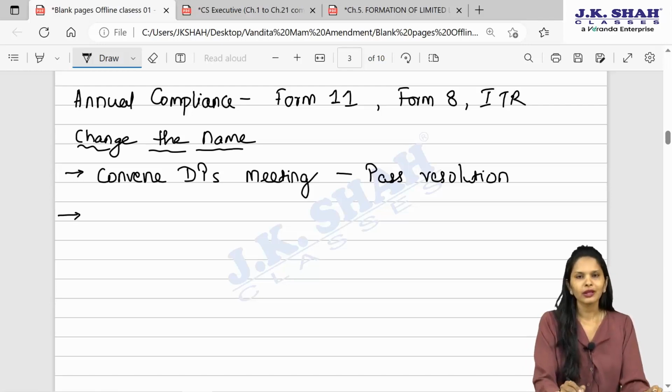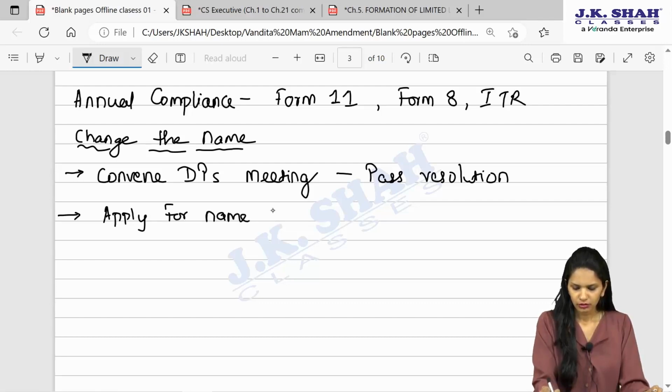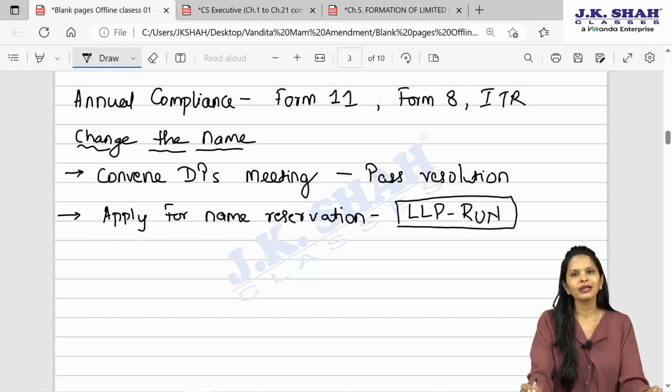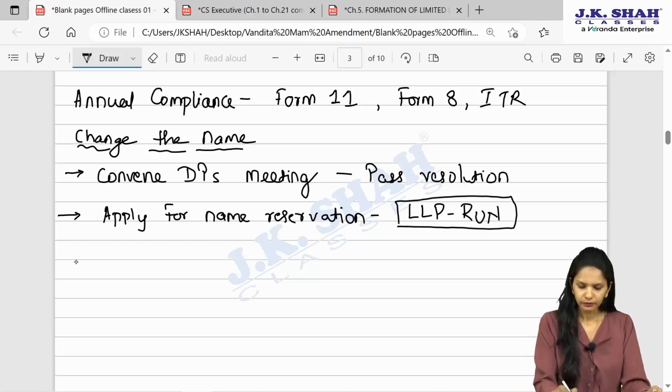Okay, so after that you will be writing apply for name reservation. Okay, and this name reservation is applied in form LLP RUN. RUN application is there, but when you are using it for LLP, we name it as LLP RUN form.